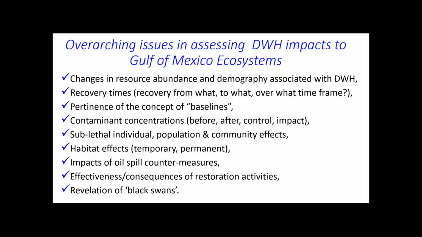Obviously, one of the things that we've tried to monitor, particularly over time, are contaminant concentrations, that is, before and after the spill, trying to find some control locations that we could look at, and then of course the impacts of the spill itself. This has been a very frustrating thing to actually get a handle on, primarily because of lack of baselines before.